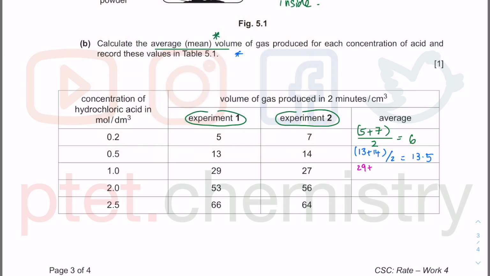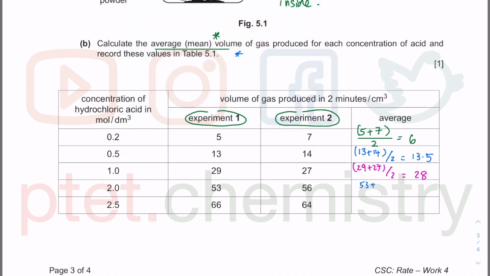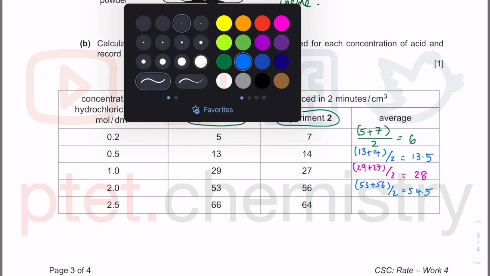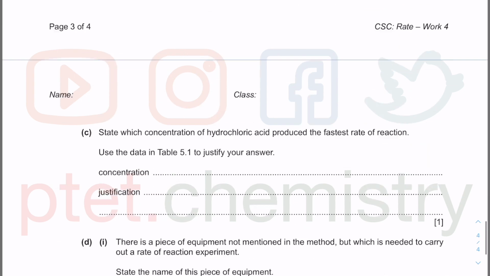The next one, 29 plus 27 over 2, I get 28. And then the next one, 53 plus 56, don't forget your bracket. 109 divided by 2, I get 54.5. And last but not least, because this is only 1 mark, this should take 1 minute for your 1 mark question. So 66 plus 64 divided by 2, I get 63 there.